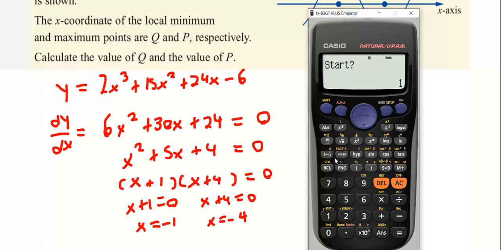Now you can start at minus 5, since we need minus 4, and end at, I don't know, 5, and have a look. Now you can see the maximum point is going to be minus 4, 10, and the minimum point is going to be minus 1, minus 17.